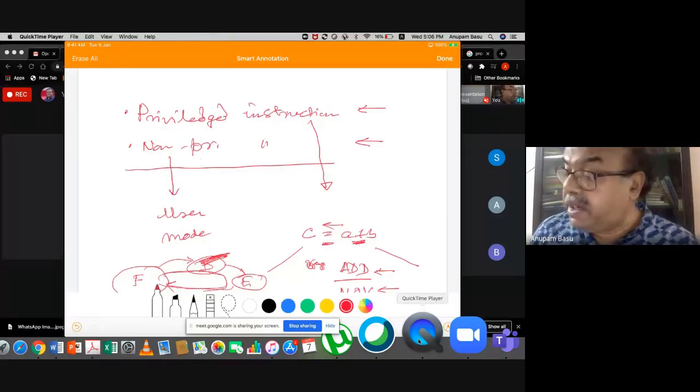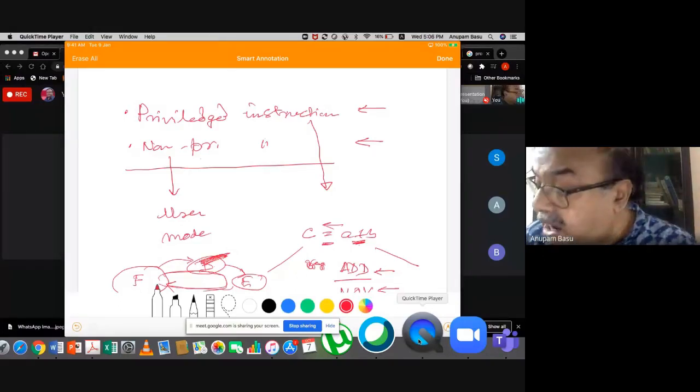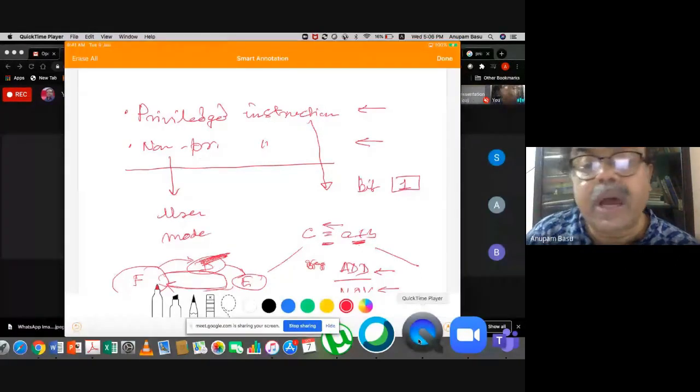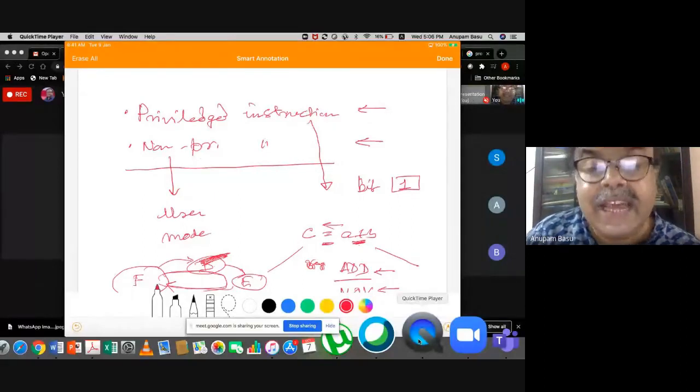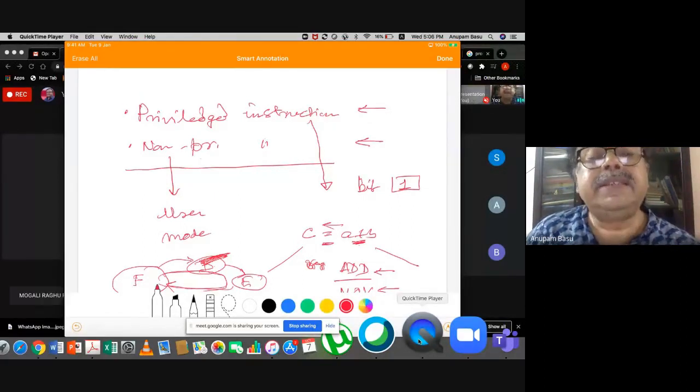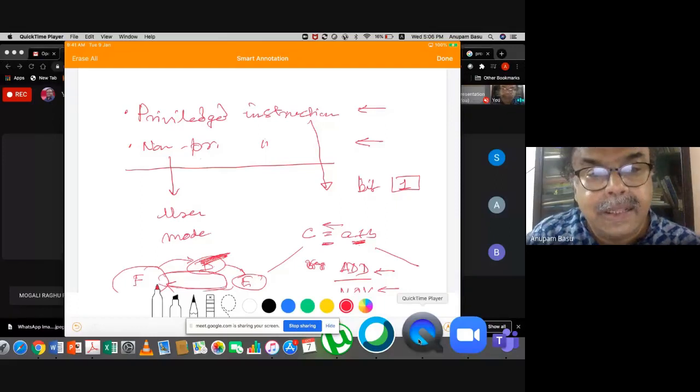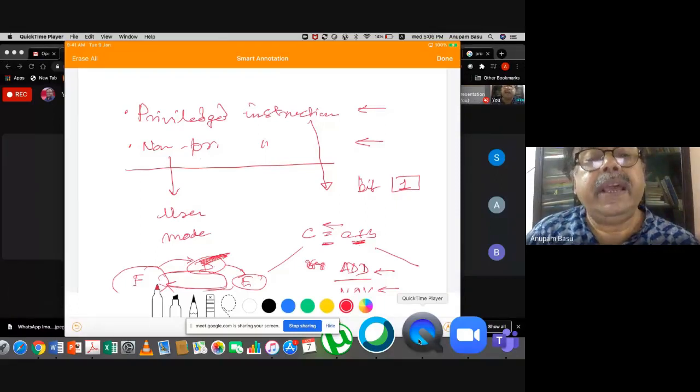Therefore, immediately the CPU will set a flag, a particular bit to 1, which tells that now it is the job of the kernel, because this is a privileged instruction and has to be executed in the privileged mode.